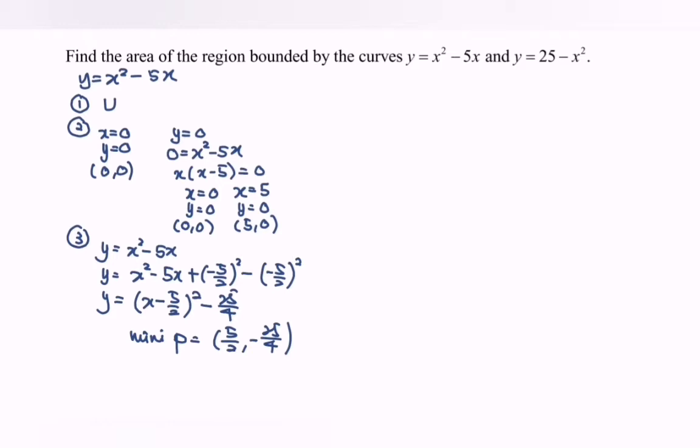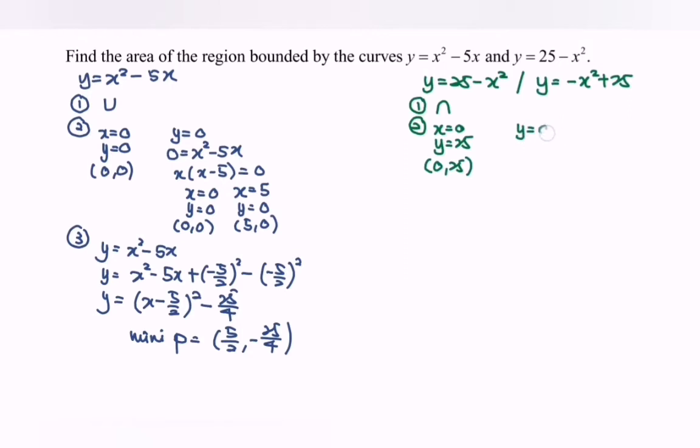Next, kindly focus on the second graph where y equals 25 minus x squared, or y equals negative x squared plus 25. Step number 1, the shape will be an N shape. Step number 2, find the intercepts. When x equals 0, y equals 25, where we have 0, 25 for the y-intercept.